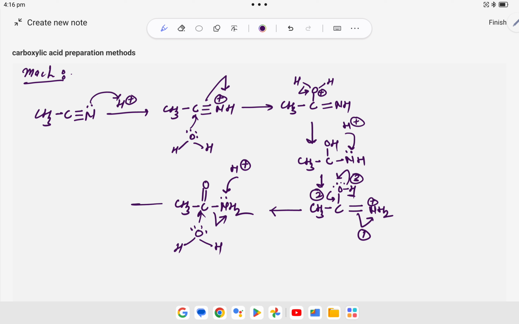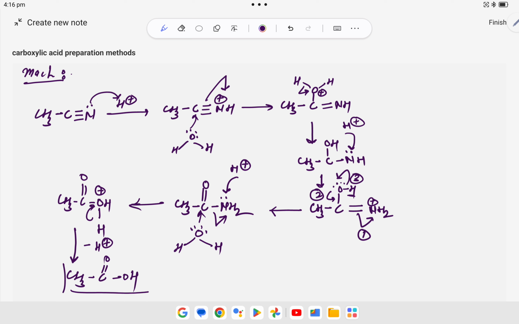And here you are getting CH3 C double bond O, and here OH and one H I am writing here. Oxygen is having a positive charge. Next step is very easy. Hydrogen electrons shifted, and from here H plus becomes free, and that is your acid, C double bond O and OH. That product is formed. It's the complete mechanism of carboxylic acid from nitriles and amide.